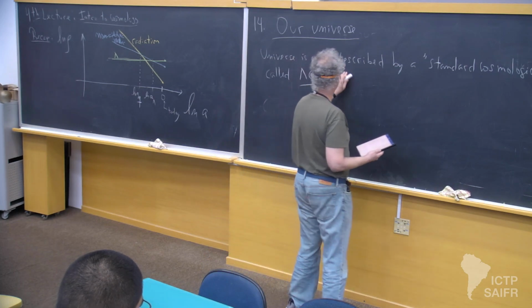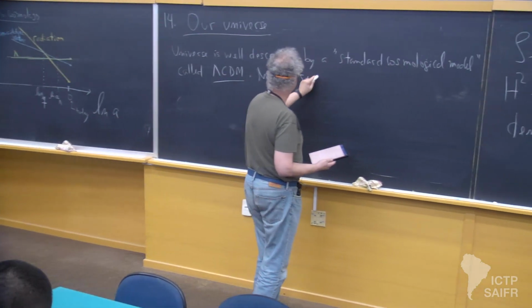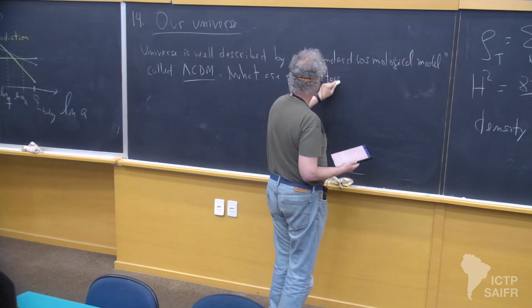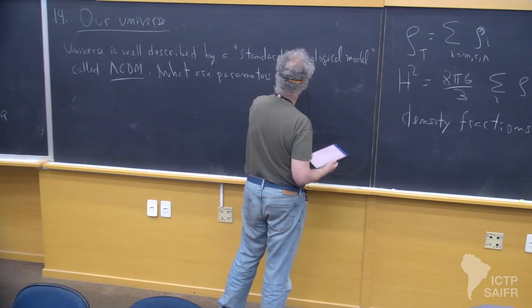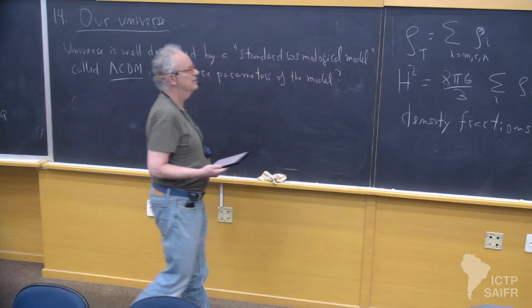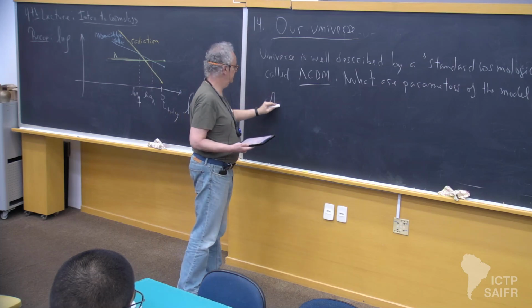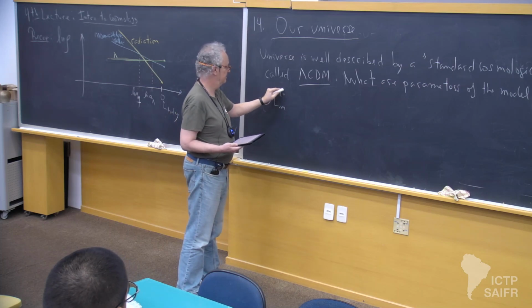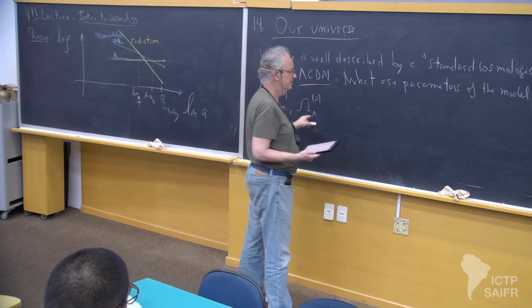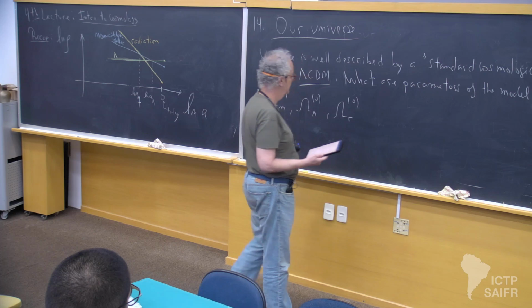So what are the parameters of the model? First, the amount of matter in the universe today, the amount of cosmological constant in the universe today, the amount of radiation today.